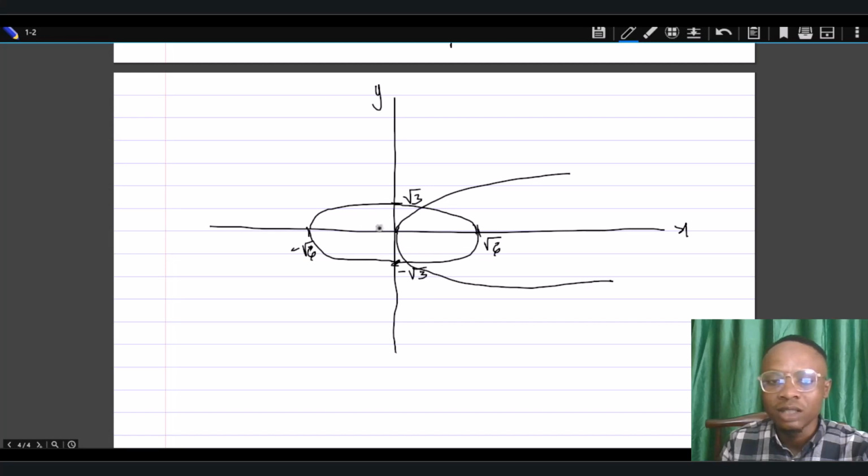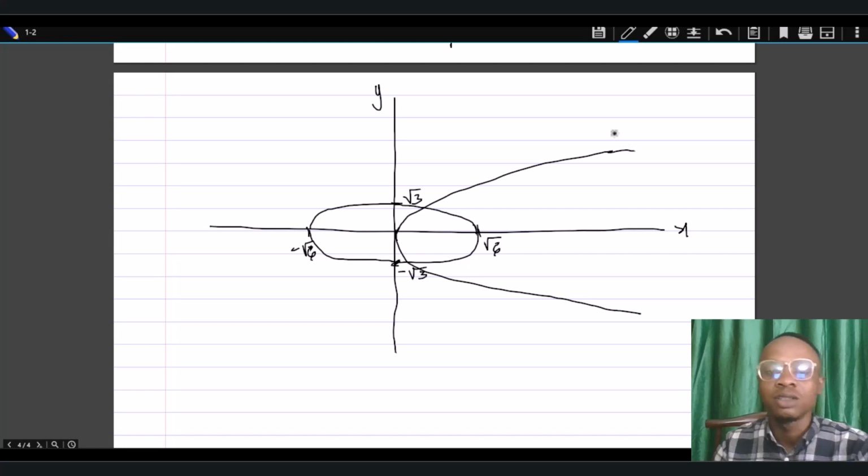So we have something like this for that parabola. Of course, this can actually extend further like that. It can also spread out like this. So this is just a rough sketch so that we can visualize what is really playing out here.